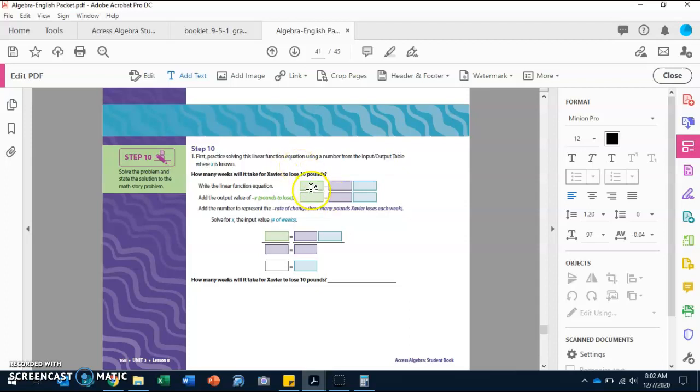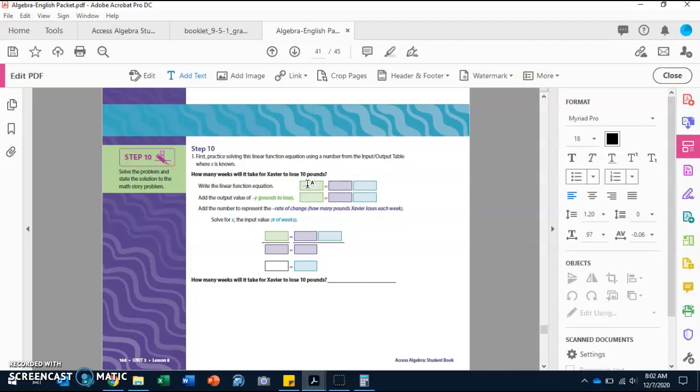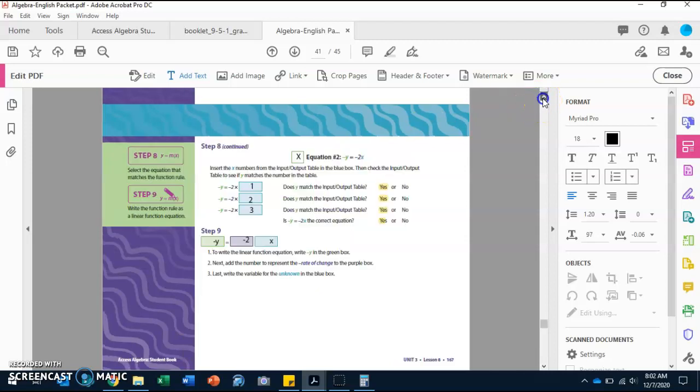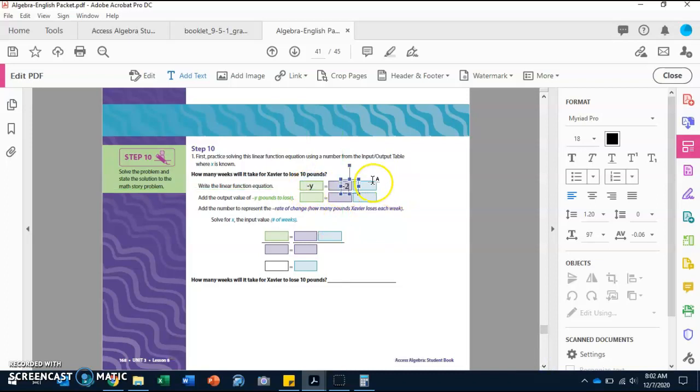Okay, so here, let's start off here, and then we'll work our way down. We're going to put the equation that we used over here. So what is our equation? This is our equation. We're going to do -y equals -2x.